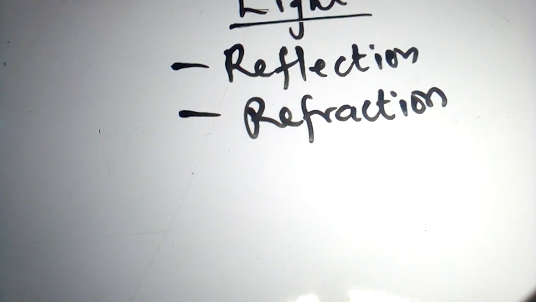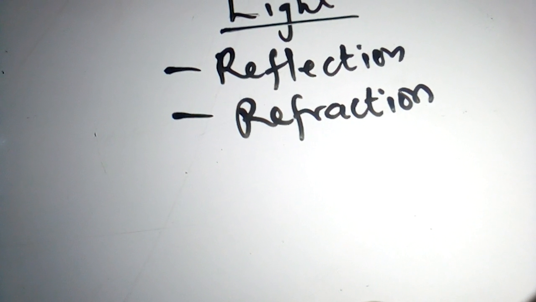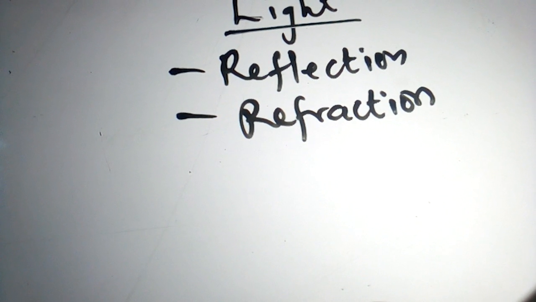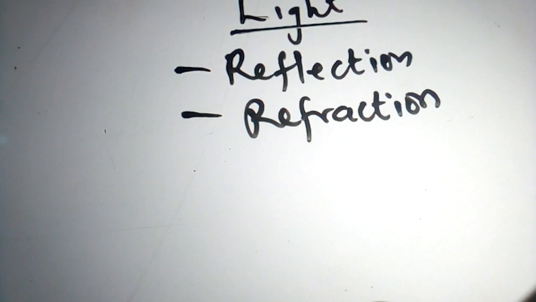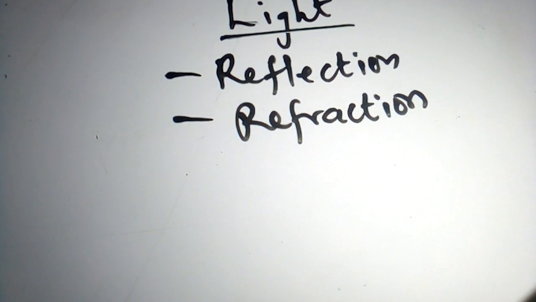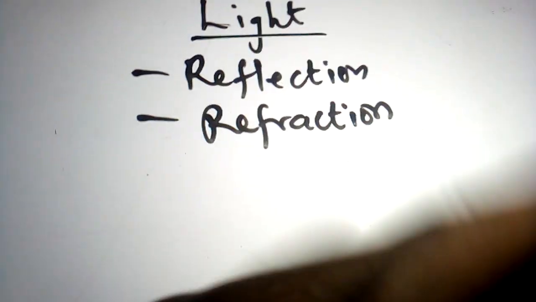Take for instance, how do you see yourself in a mirror? It means the ray of light that falls on you falls on the mirror, and then the reflection of the ray of light goes back to your eye and you're able to see yourself. So let's go to reflection.